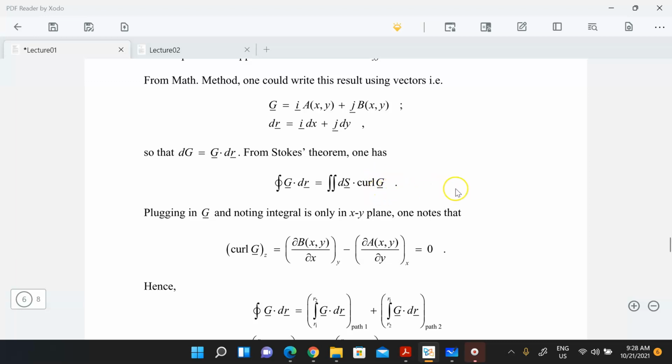So you have an area here, and the normal to this will have to be pointing outside the xy plane, because this is denoting the xy plane.